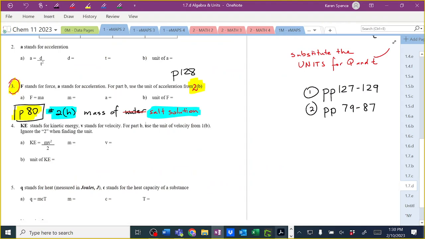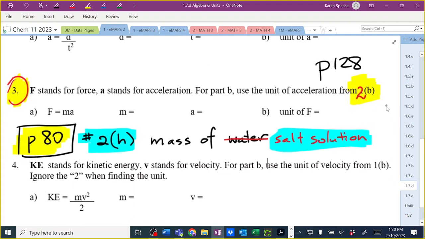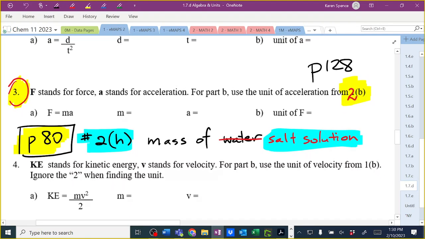Oh, I wanted to let you guys know there are 2 mistakes in the workbook. On page 128, number 3, it should say for part B, use the unit of acceleration from 2b. It says from 1b.